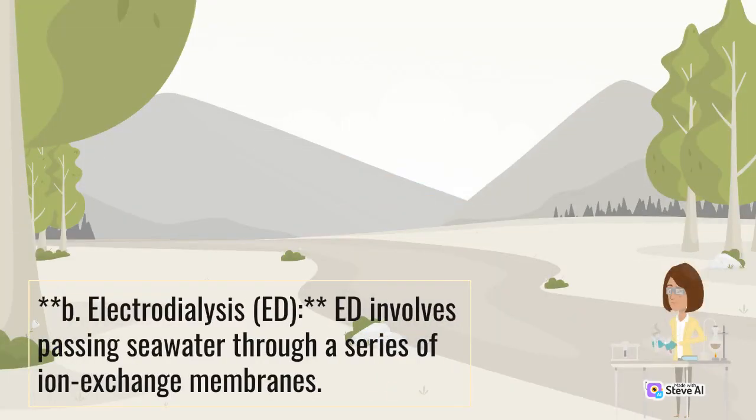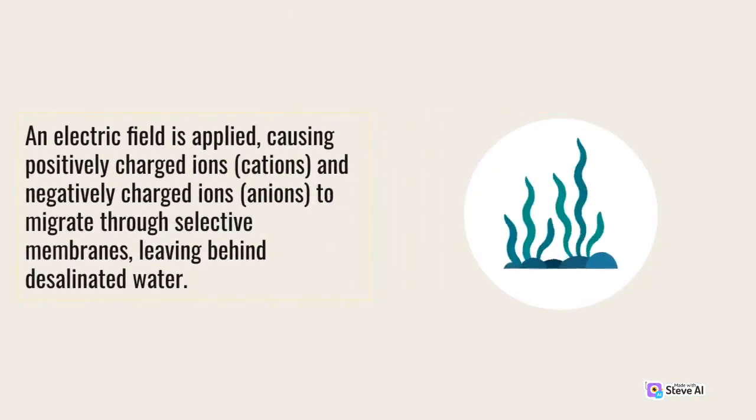B. Electrodialysis, ED. ED involves passing seawater through a series of ion exchange membranes. An electric field is applied, causing positively charged ions, cations, and negatively charged ions, anions, to migrate through selective membranes, leaving behind desalinated water.